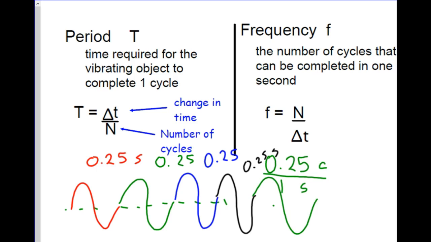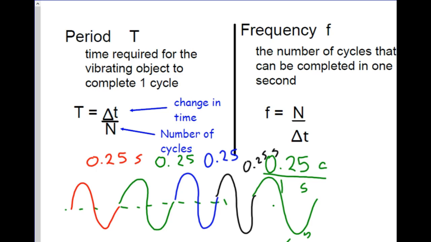The fifth wave is 0.25 seconds. How much time is that? Okay, so it's going to be 1.25 seconds. So each wave is 0.25. That's more of a logic problem, so it's not just plugging into formulas. Visualize what's going on and see what the period is and be able to actually apply that.